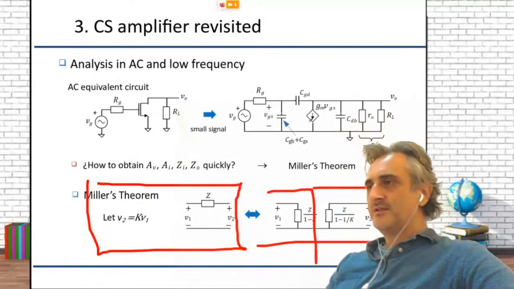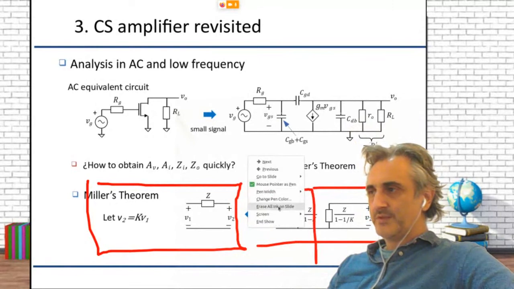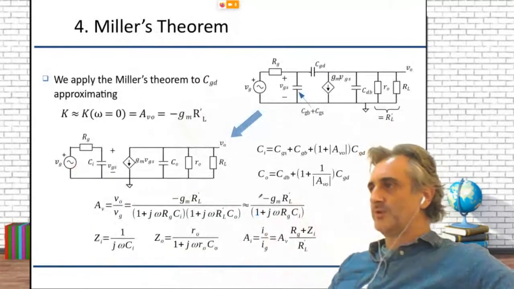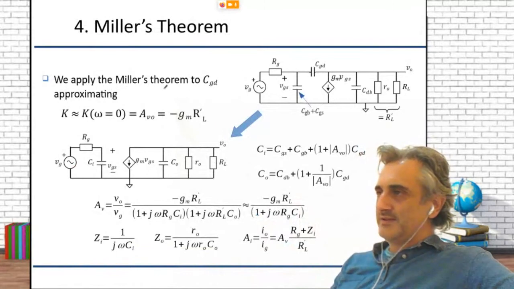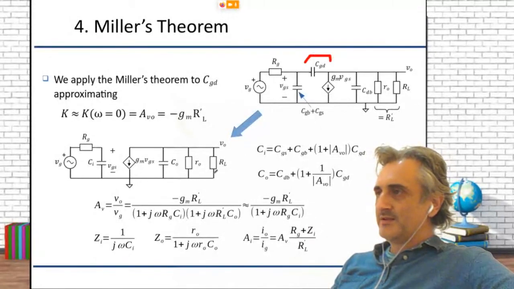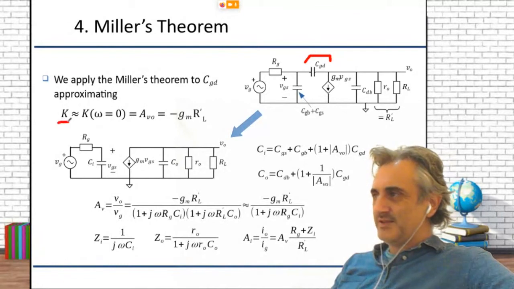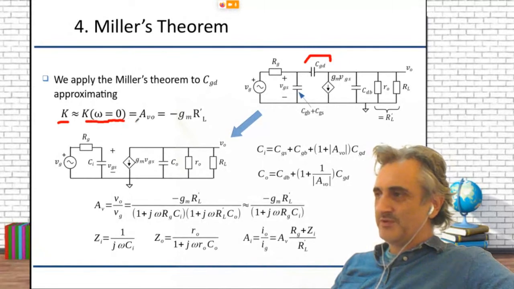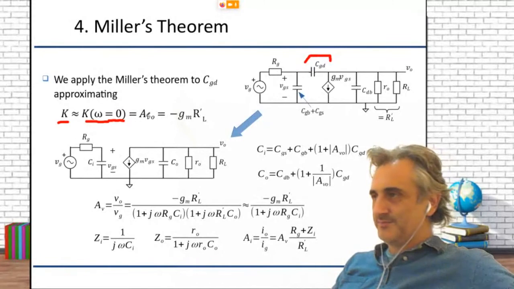Okay, so we can use this theorem in order to simplify this design. How? We wish to apply Miller's theorem to this capacitor. How do we do that? We assume that this gain is more or less the gain at low frequency, when there are no capacitors, just to make a wild assumption.